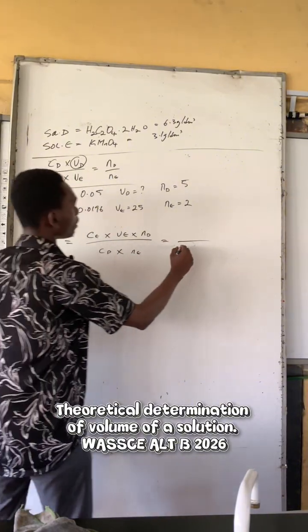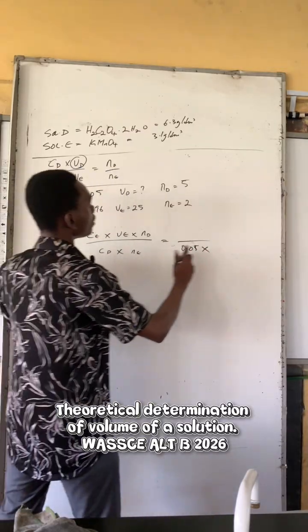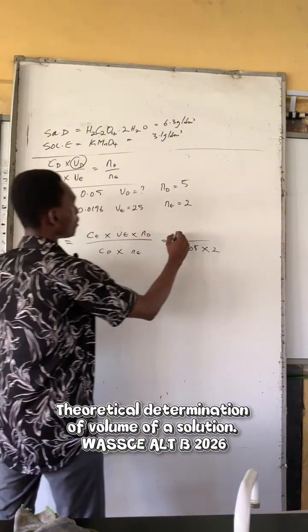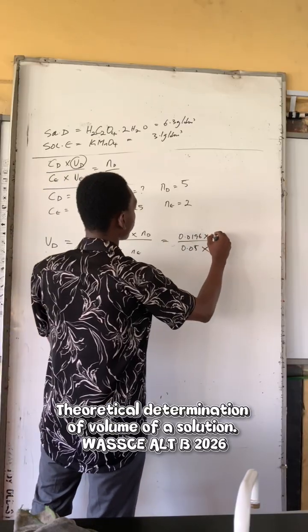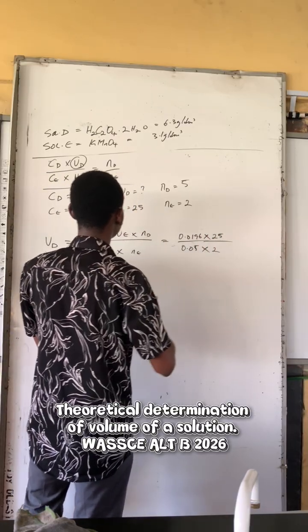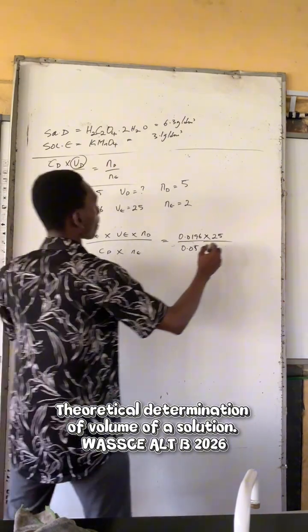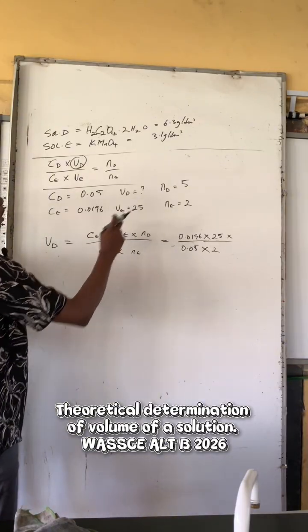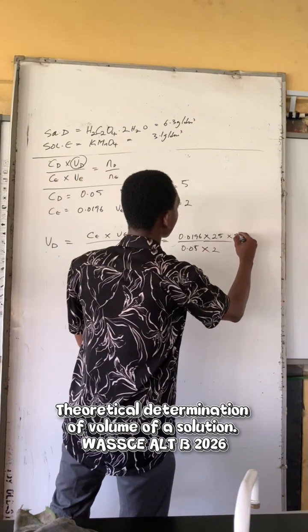Our CD is 0.05 and our NE is 2. Our CE, 0.0196 times our volume of the KMnO4, 25, times our number of D, which is 5.